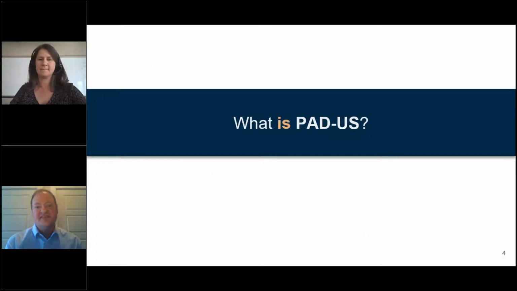So PAD-US is a project that really grew out of our research needs, but it has now expanded beyond only our research, looking at the research of others, as well as facilitating decisions that you all make. So I'll hand it over to Lisa to describe a little bit more about PAD-US, what it is, and how it's built.